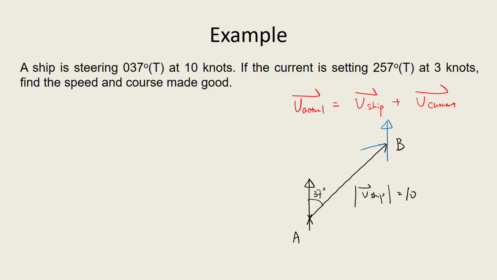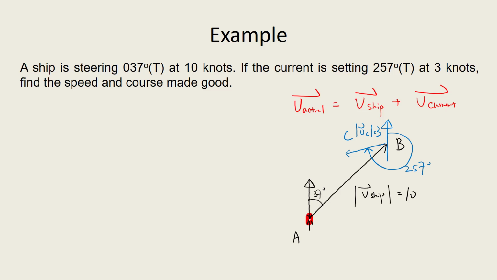So let's assume that this is the water current's velocity vector, BC, and the angle here is 257 degrees. The magnitude of the velocity vector for the water current, I call it VC, is equal to 3 knots.